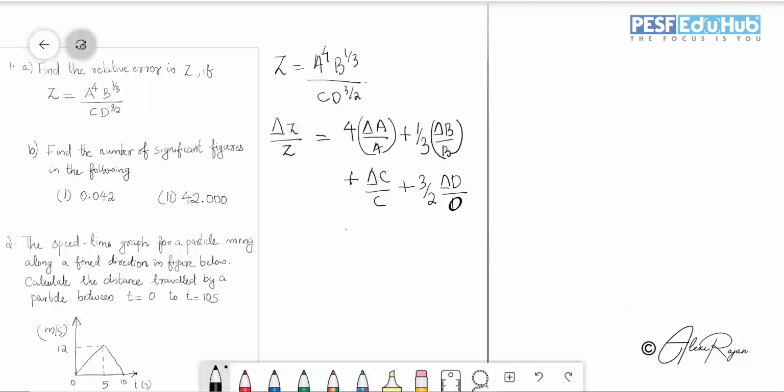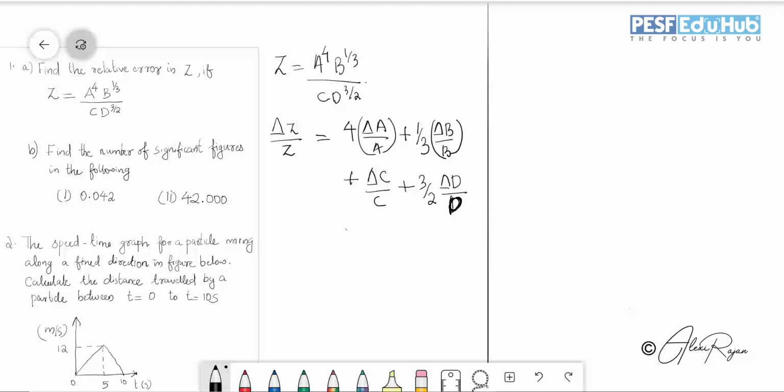So delta z by z is equal to 4 into delta a by a plus 1 by 3 into delta b by b plus 1 into delta c by c plus 3 by 2 delta d by d. This is how you find the relative error of z.